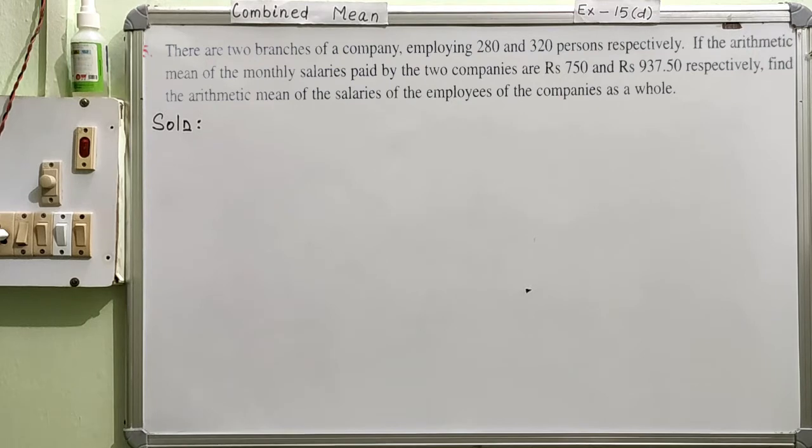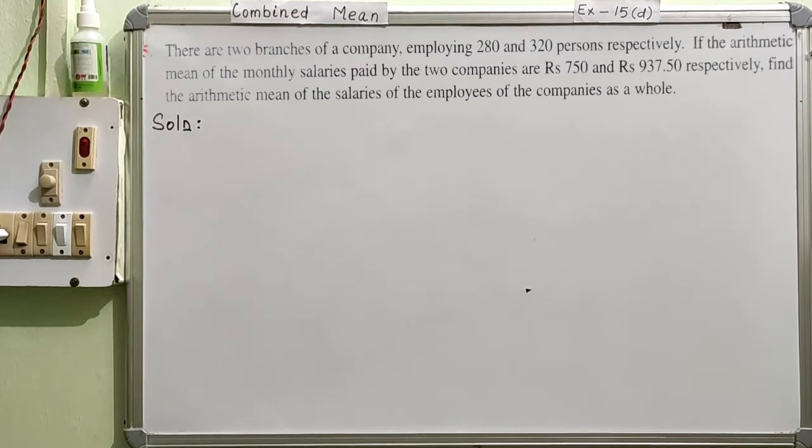If the arithmetic mean of the monthly salary paid by the two companies are 750 and 937.50 respectively. Now that means for the first group of employees, that is for 280 employees, the mean of the monthly salary is calculated 750, and then the average of 320, another group of people, is 937.50.